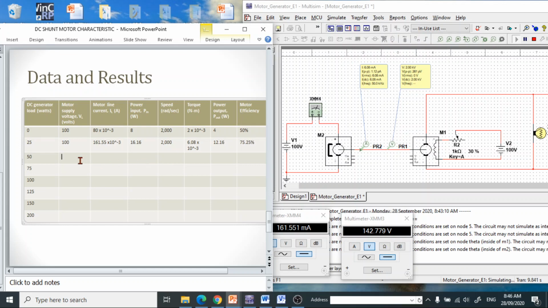Okay, so the same thing. You have to continue the gathering of the results, starting from 50 watts up to the 200 watts generator load, and then in your final report you'll be analyzing the performance of the permanent magnet motor.